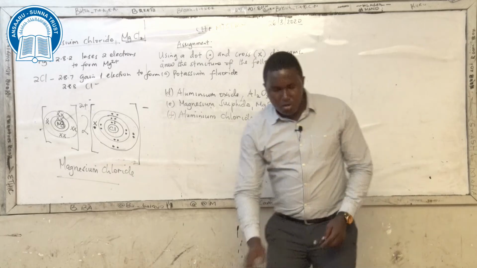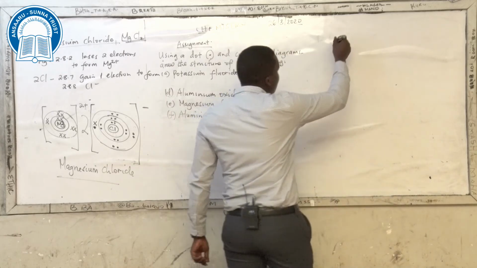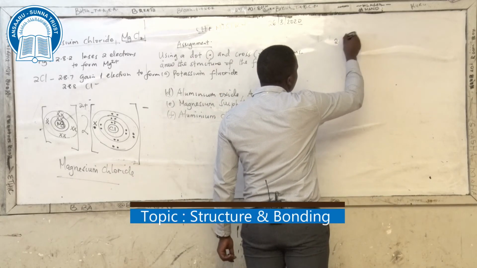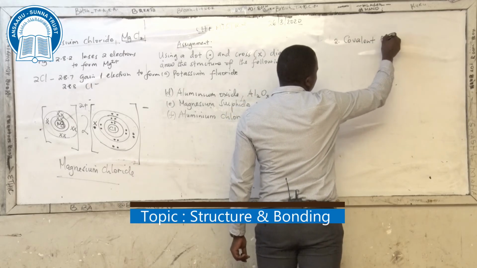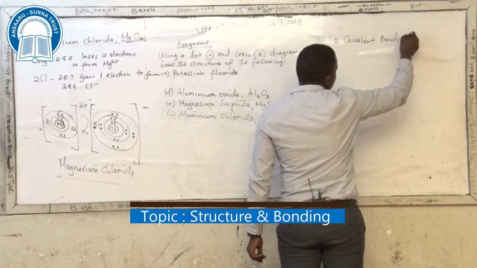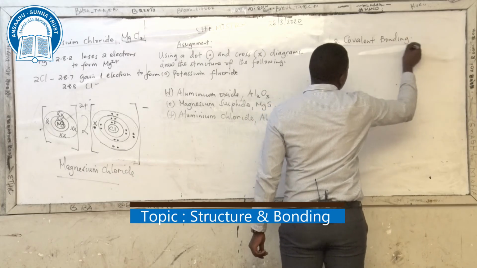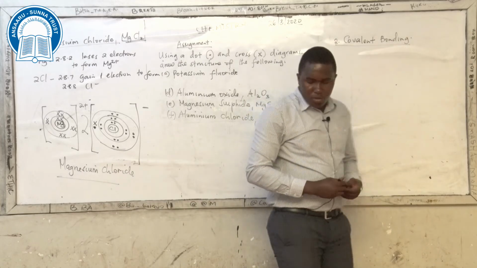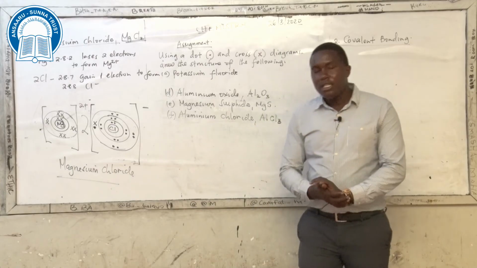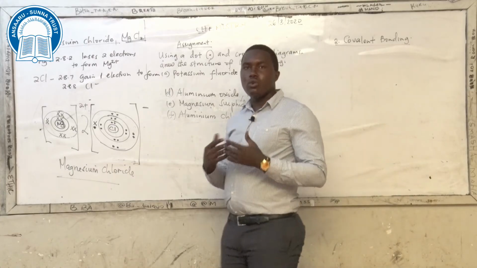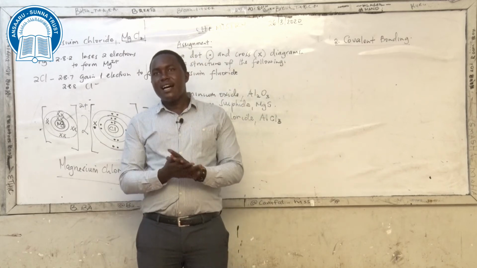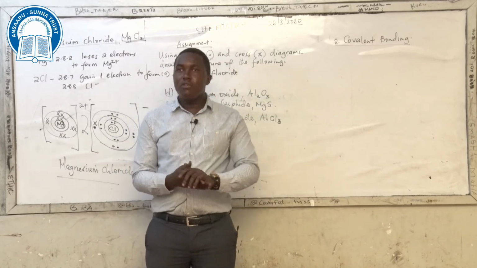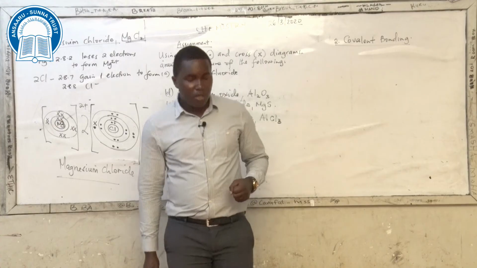Which is covalent bonding. Covalent, so this is number 2. Ionic bonding was number 1, so this is covalent bonding. Sometimes it is not easy to lose electrons, especially when elements that have the tendency of gaining electrons are involved in a chemical reaction.